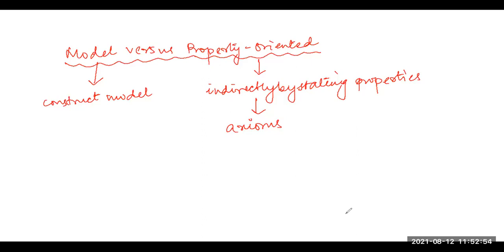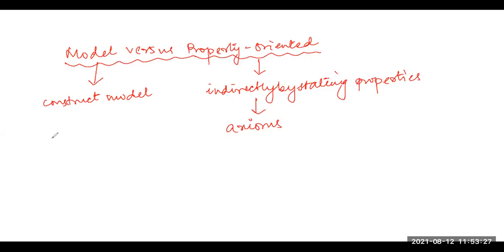So a set of axioms are there that the system must satisfy, and depending on which axioms they satisfy and which they do not satisfy, by stating the properties, they construct or model the system, or define the system behavior. But here in the model oriented approach, they define the system behavior by constructing a model.